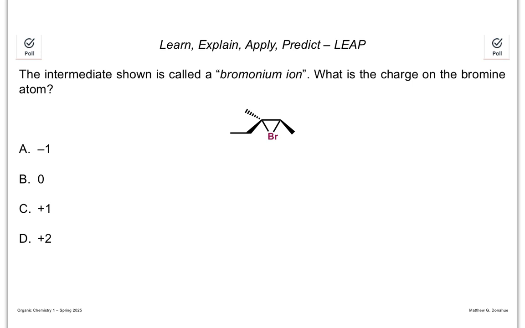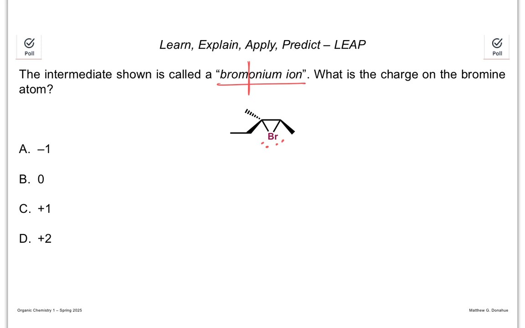So that ion, that three-centered reactive intermediate, if we put those lone pairs in, that's called a bromonium ion. And again, the nomenclature has a historical meaning. So if we cut the name right there, onium tends to mean positive.